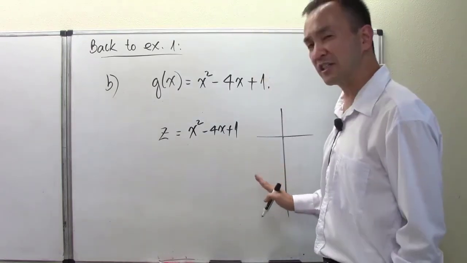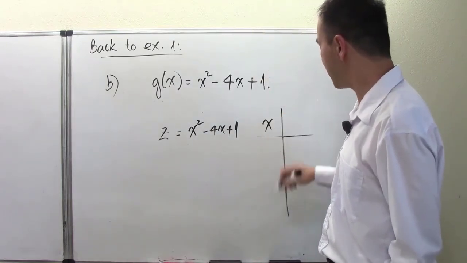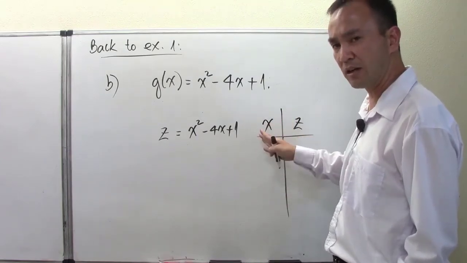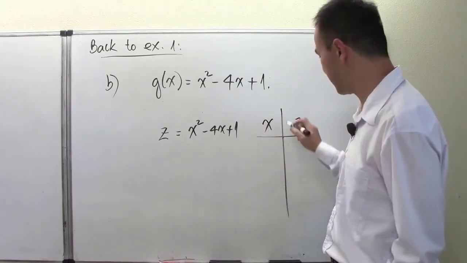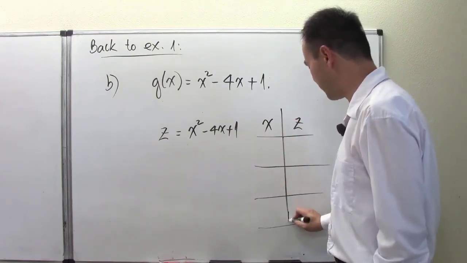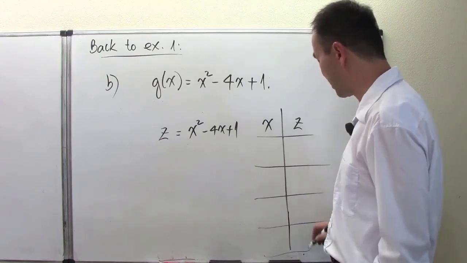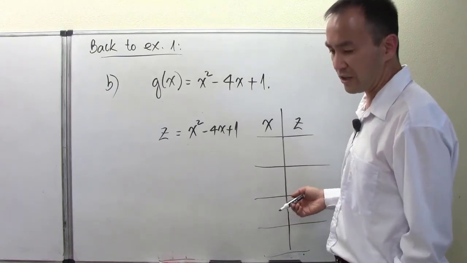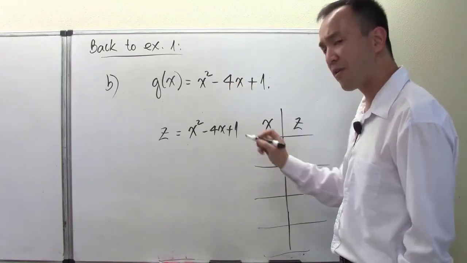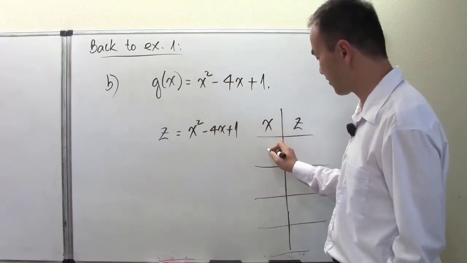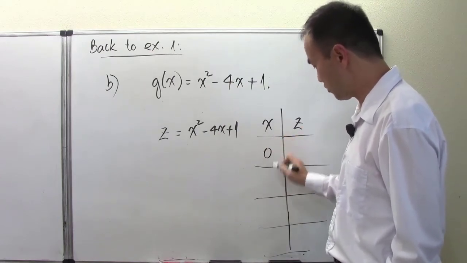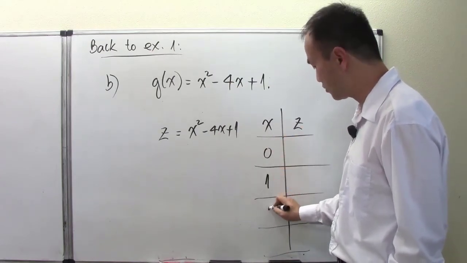And so as far as the table of values, see, the x now and the z has one column. It doesn't always have to be the input on the left-hand side and output on the right-hand side. It doesn't always have to be like that. Okay? But here's the thing. I want to emphasize a few other things before we move on. See, for this problem in part B, the problem asked us to do g of 0, or x equals 0, x equals 1, x equals 3.